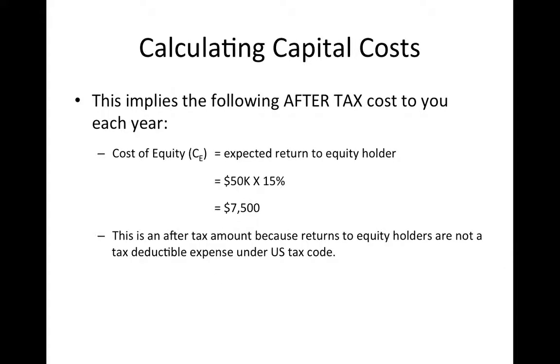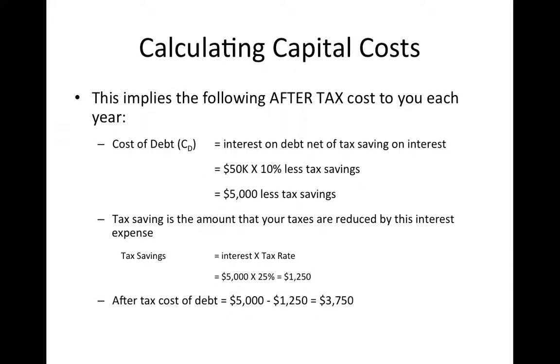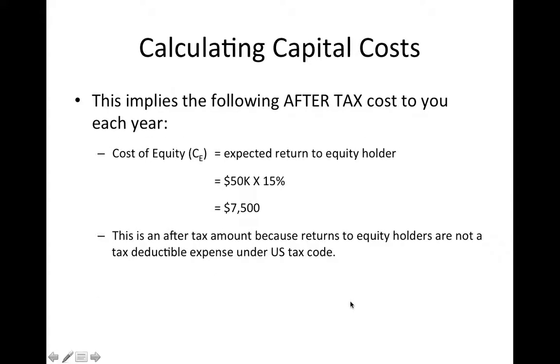So going back and summarizing, basically our cost of debt winds up being $3,750. Simple calculation, that's after tax. After tax cost of equity, we don't have to deal with tax because, number one, there is no explicit required payment to equity.